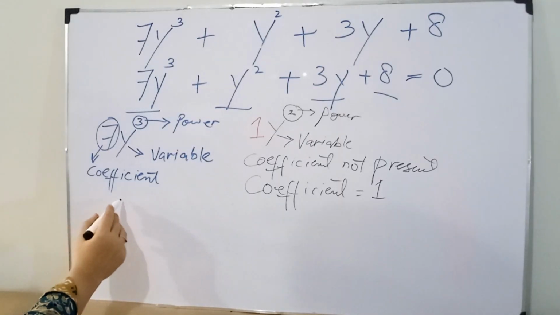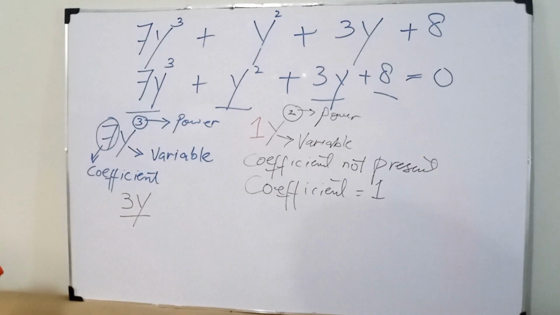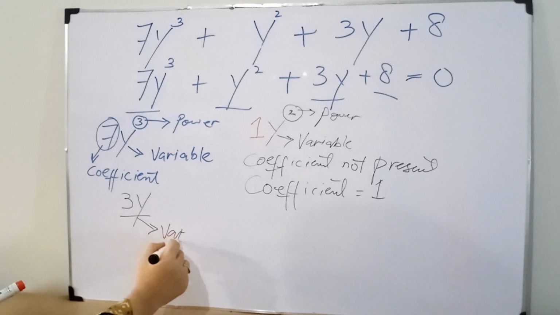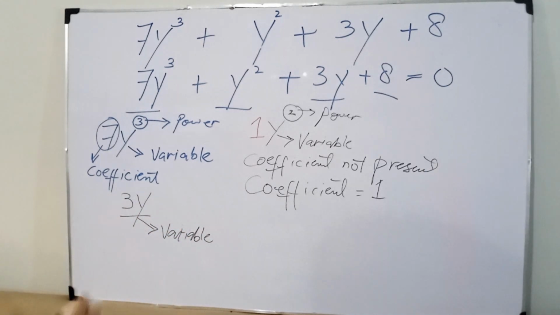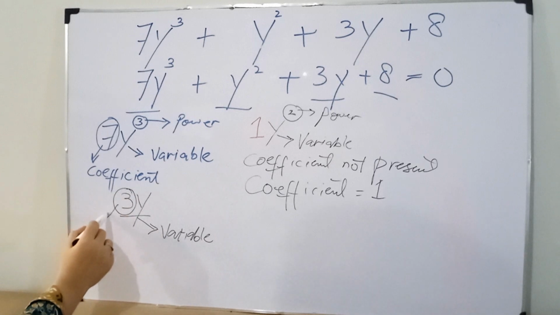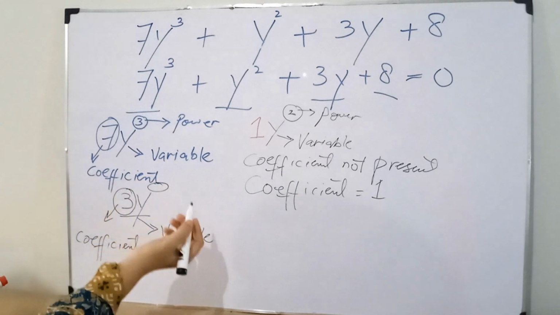Now come to the third term. The third term is 3y. Here you can see the variable, and the number written just before the variable is the coefficient. And here you can see there is no power.